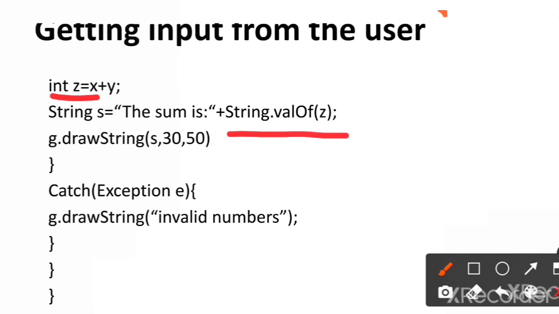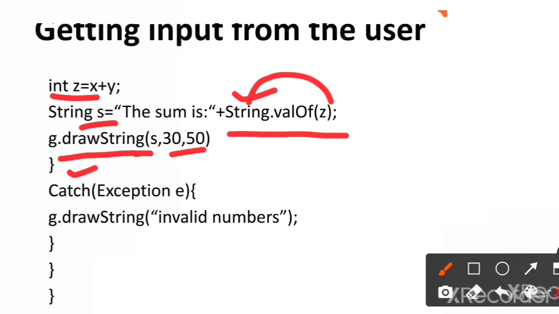So the value of z, which is an integer, will be converted into a string and stored in this variable s. And now you can call the drawString method to display the result on the output window at the coordinate point 30, 50. Suppose 30, 50. And now you can close the try block.